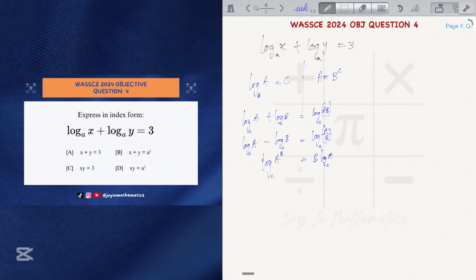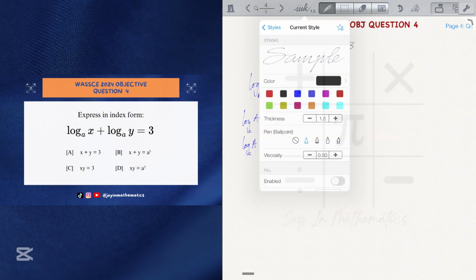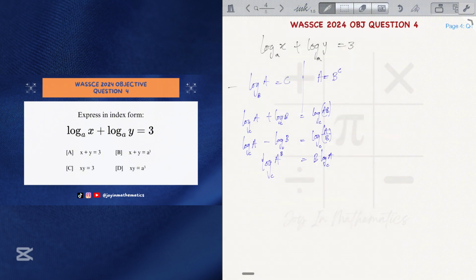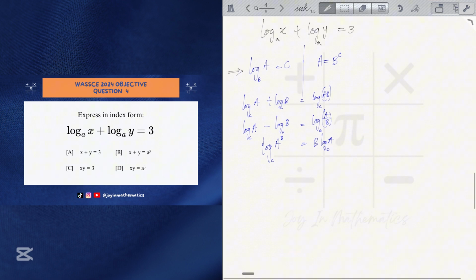So the first thing to do is to simplify the expression on the left hand side. That is log x to base a plus log y to base a, and we'll use the conversion from logarithm form to index form to express it in index form. Okay, let's begin again.